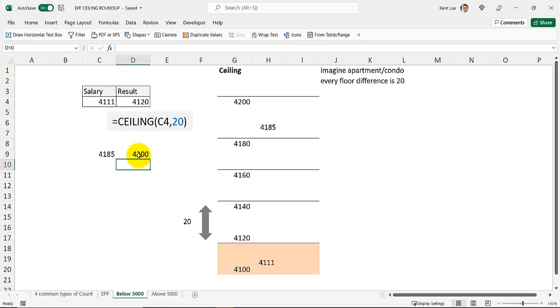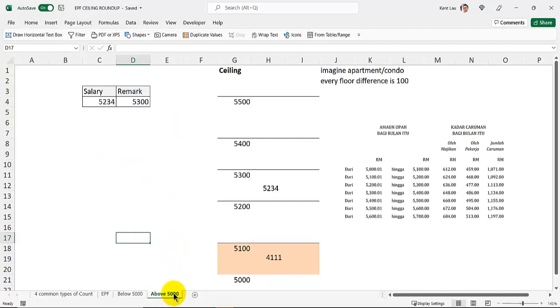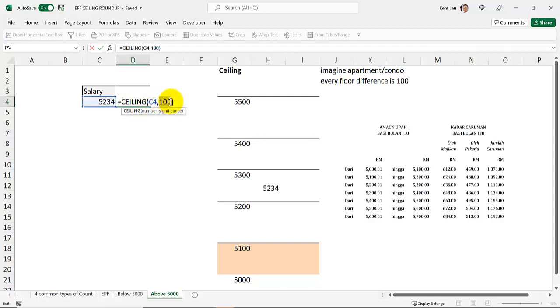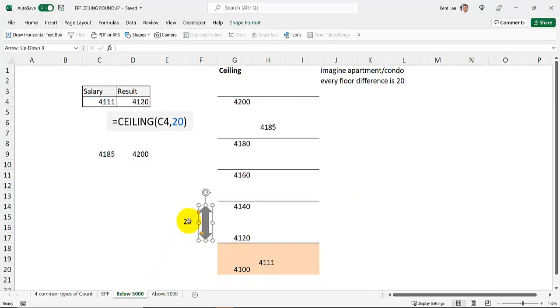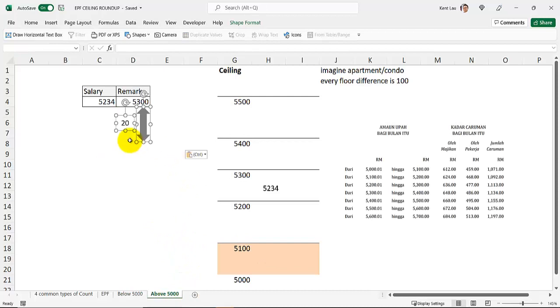Now, if the salary is above 5,000 in KWSP, the calculation is no longer 20. It will be this. The difference between the floors is now 100, and the formula is ceiling with 100 as the significance. So the significance means that the difference is 100.